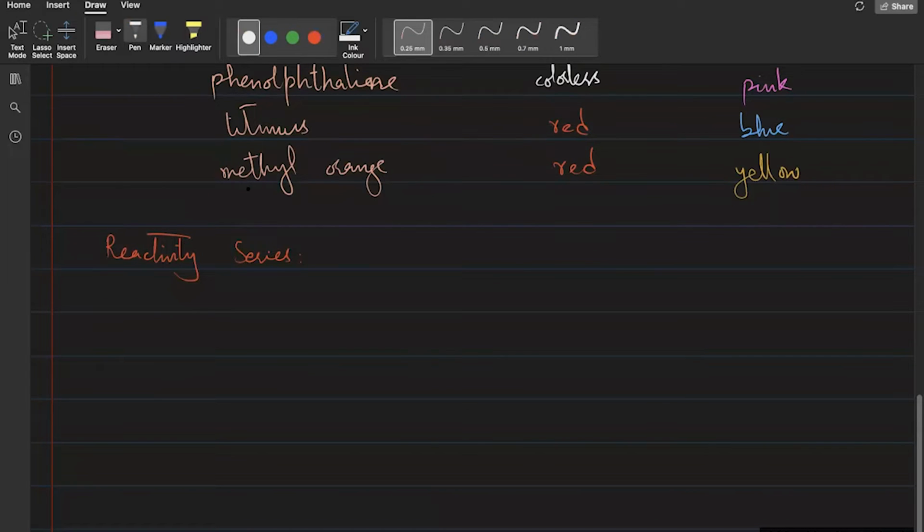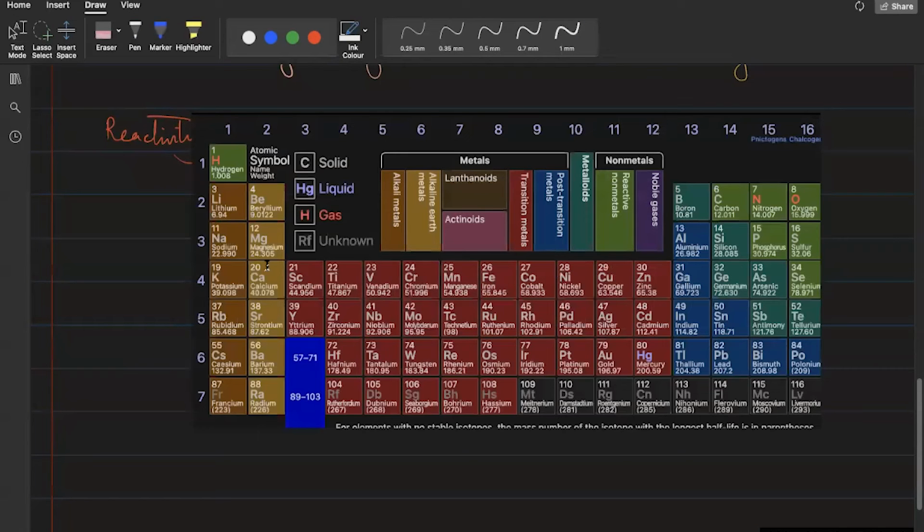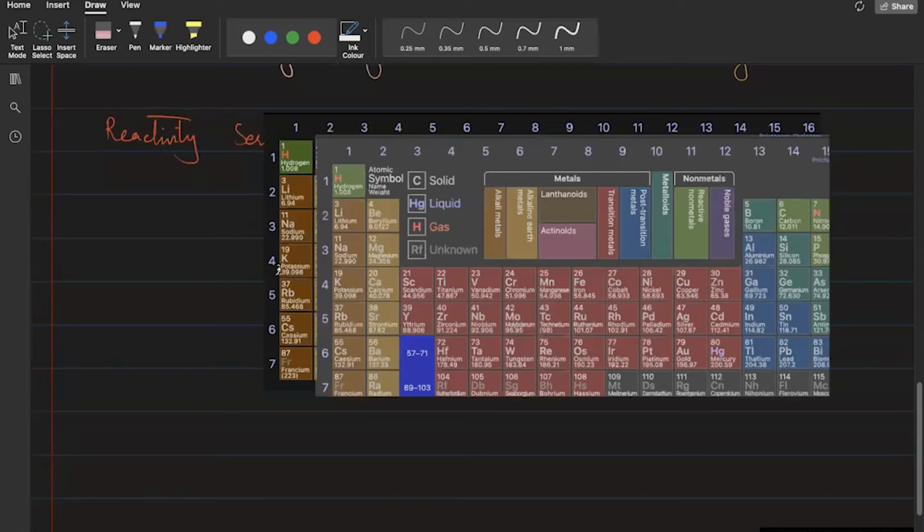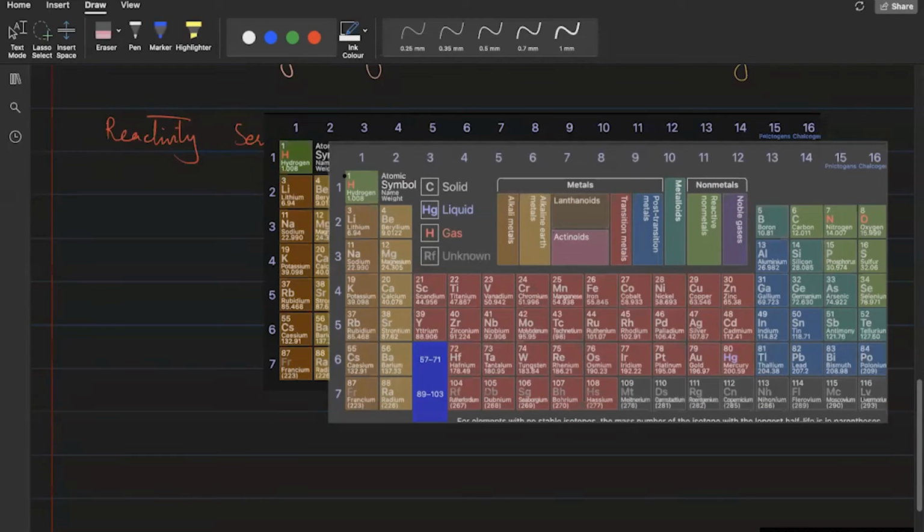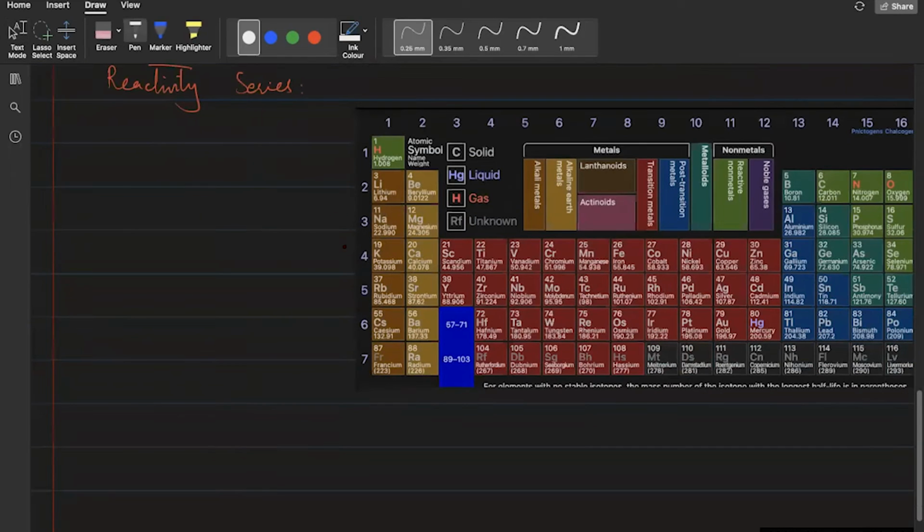You look at the periodic table and ask which element is going to react faster than the other. So we have group 1, group 2, group 3. That's what I'm going to do now. In group 1, I'm going to talk about these two, then these two here, and then I have aluminum here. These are the 5 elements I'm interested in. I want to know which one's more reactive, which one's less reactive.